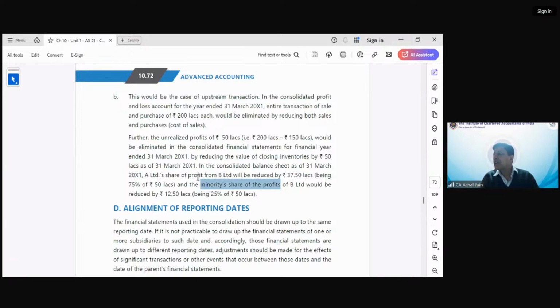Can we consider that? Or still we should value as per the holding company? See, if you talk about it practically, of course you can ignore. But if you look at the requirement of your question in the exam, whether that difference is significant or not, you will have to make the adjustment. Okay. And we'll look at some questions around it. Fine.